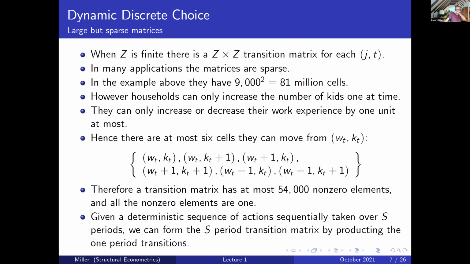And so in particular, if you look at this pretty closely, there are at most 6 cells you can move between, okay? As we think about, if you start out with W, T, and KT, you can go to these different possibilities in this setup. I've worked them out, because you might not get experience by working, and if you had experience, you don't get experience by working this period, well, then you lose your experience.